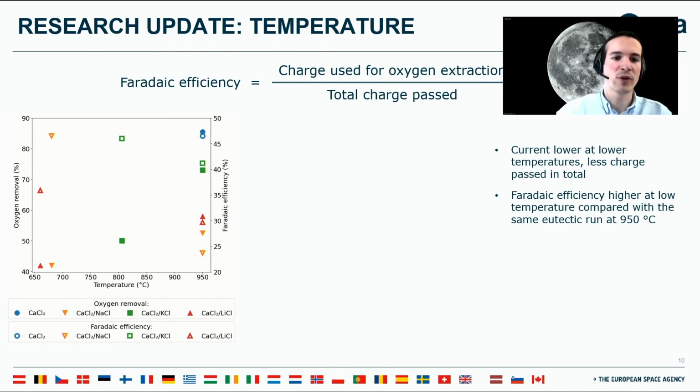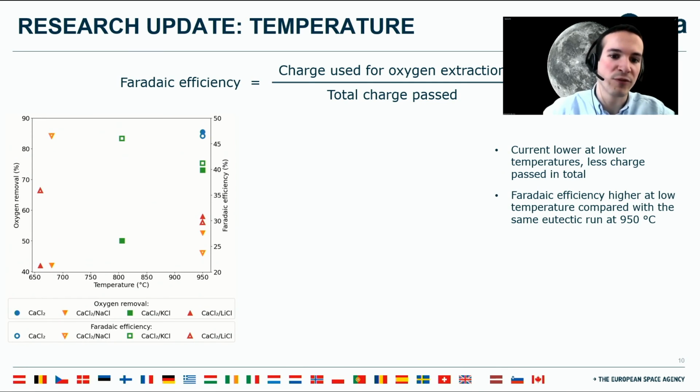Another important element that we looked into was the current efficiency. So from all the electrons we pump into a system, how many are actually useful to the reduction? Sorry for the crowded graph, but here you have the same data as I showed before regarding the oxygen reduction, but on top you also have the current efficiency, with the symbols which are hollow inside. What you can see here is that as you reduce the temperature, you increase the current efficiency.